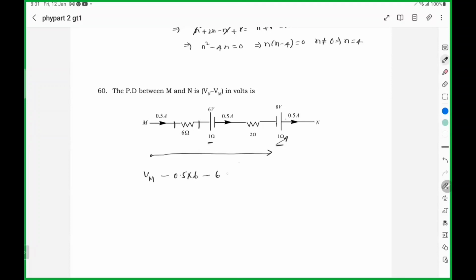So across the resistor, potential drop 0.5 into 1.